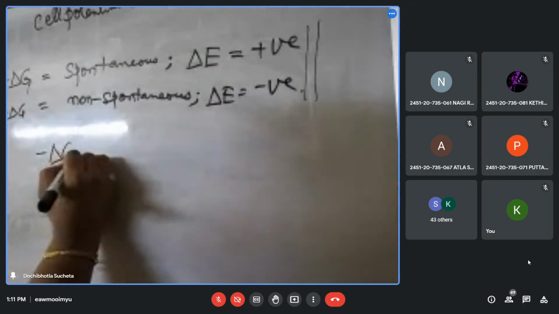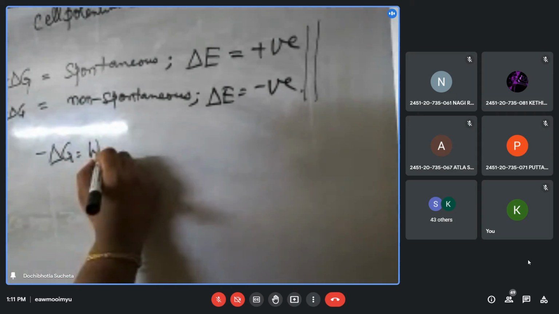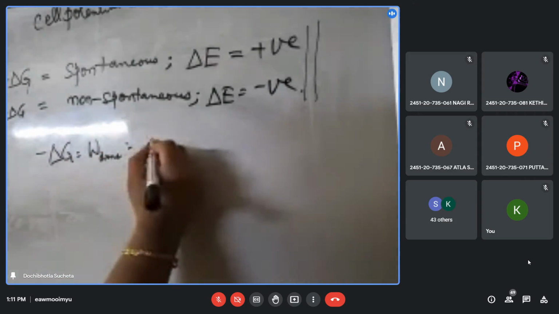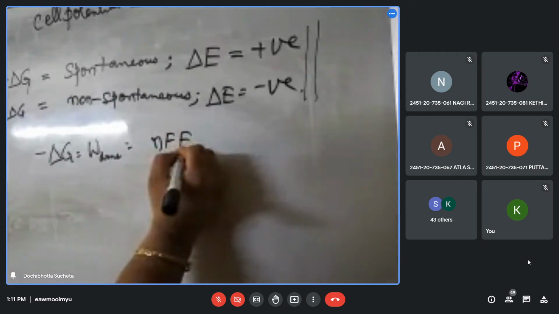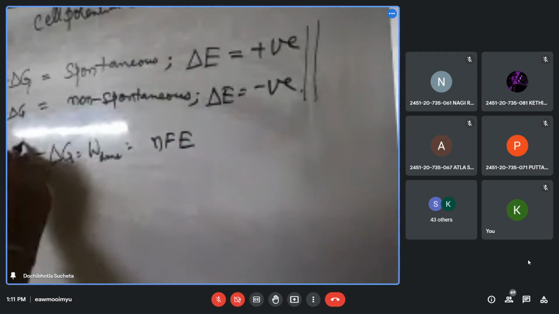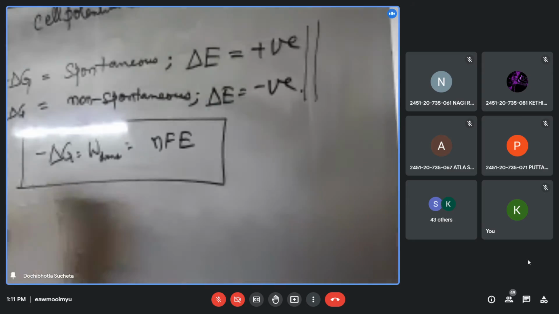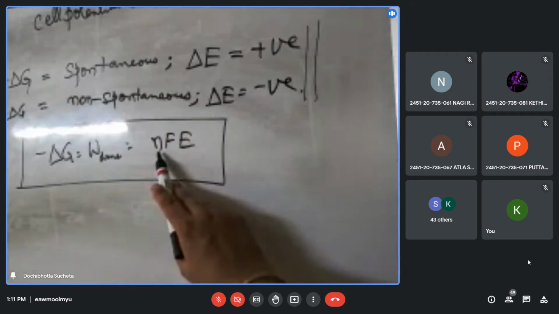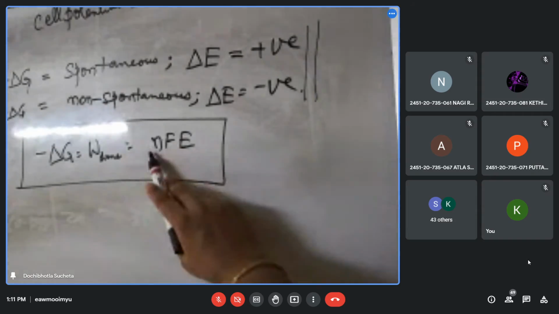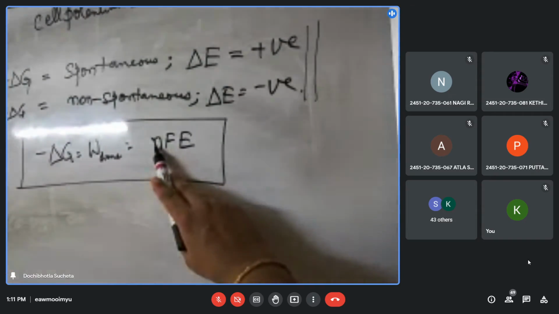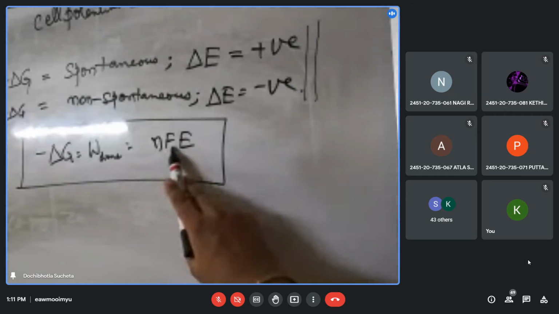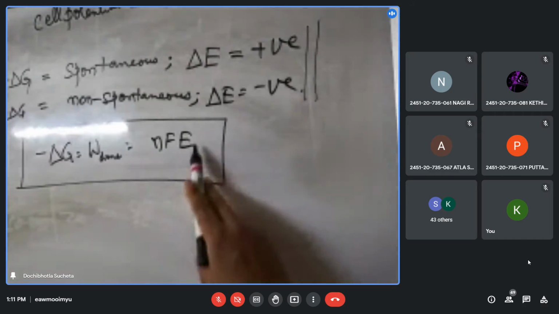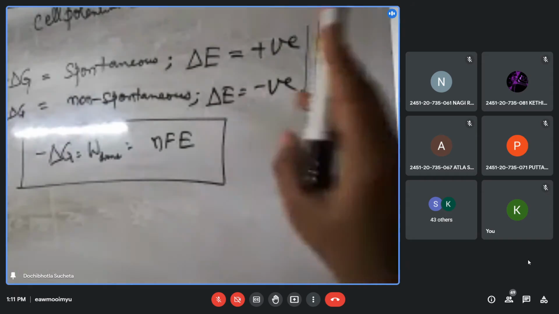Minus delta G is equal to work done, that is equal to NFE. That's the equation of thermodynamics, or delta G is equal to minus NFE, where N is the number of moles of electrons that have flown from anode to cathode, F is the Faraday constant, that's a charge, and E is the EMF of the cell.